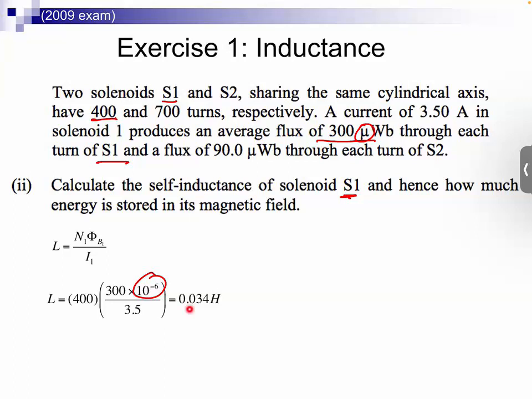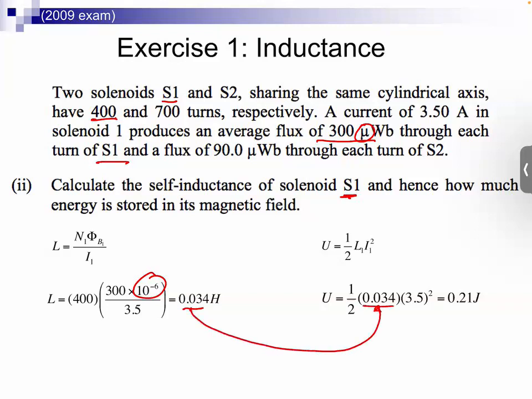So you get the self-inductance of solenoid 1, and then the energy that's stored in the magnetic field is 1/2 times the self-inductance times the current squared. You've calculated the self-inductance here, so that goes into the energy equation. Of course, the current is given in the problem.